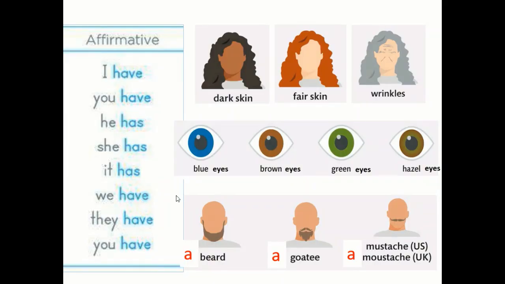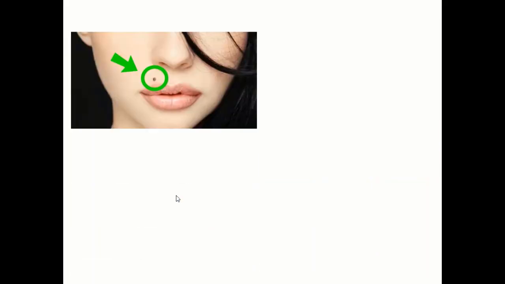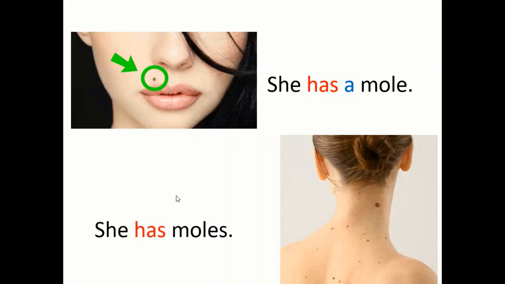Remember to use the article where needed. For example, in this case, she has a mole, as opposed to she has moles. Notice that we put a before the singular noun. And in the other sentence, where the noun is plural, there is no need of article.